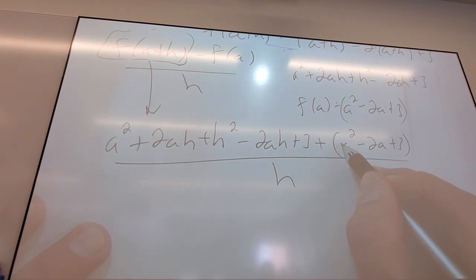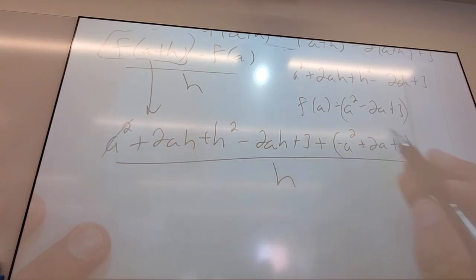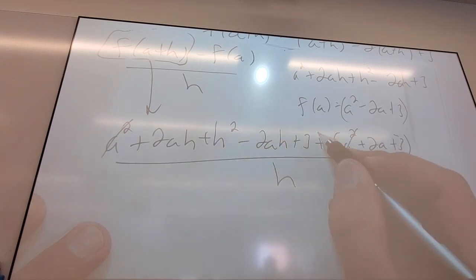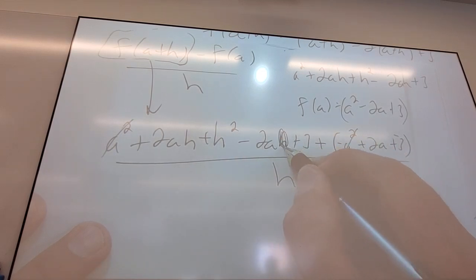I'm just going to do that here. Is that cool? Does anything cancel? You guys with me? I just distributed a negative. Yeah, the a squareds cancel. And the 2a. Where'd my 2a go? It's a squared minus 2a. Not an h there.